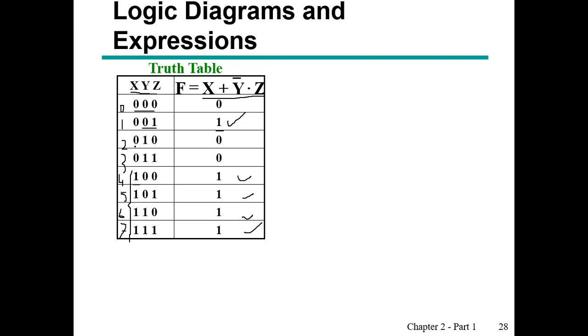Here x is 0, so you have to look at this other expression, and z is 0, y is 1, so y prime would be 0, so the output here is 0. Here y is 1, y prime would be 0, although z is 1, but since y prime is 0, 0 and 1 is 0, and 0 or 0 is 0. Okay, so this is how we can create the truth table for this function.